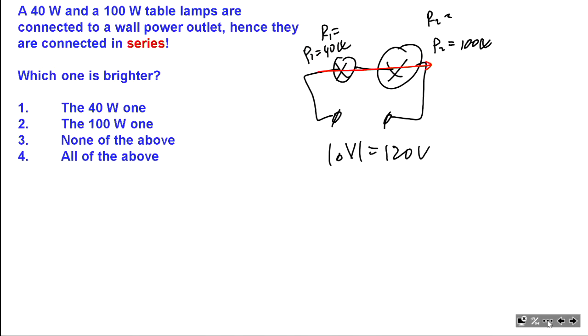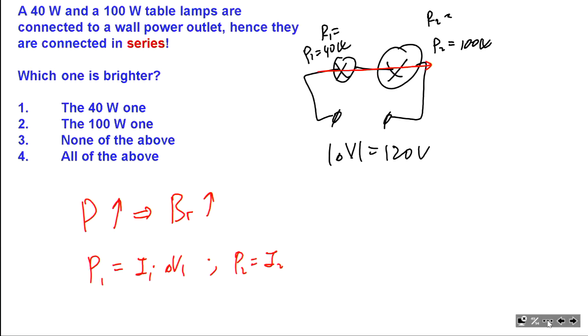So higher power means higher brightness. That's what it means. More power, brighter bulb. Less power, dimmer bulb. But if I try to calculate power, number 1, I1 times delta V1, or power number 2, I2 times delta V2, this is what I have to do, right?